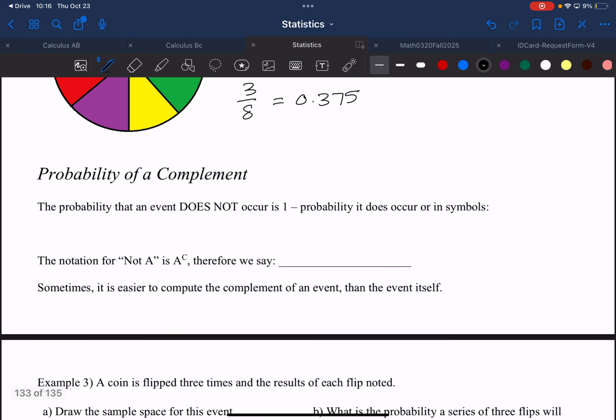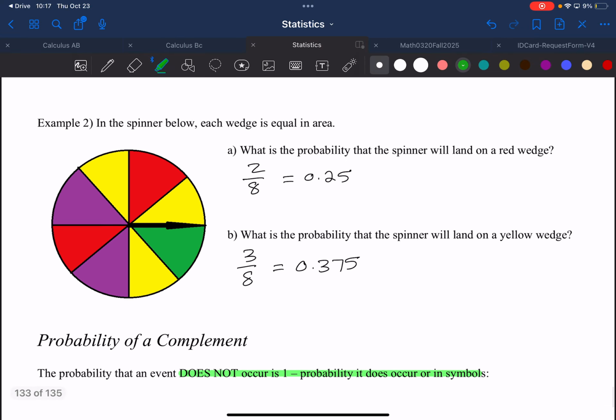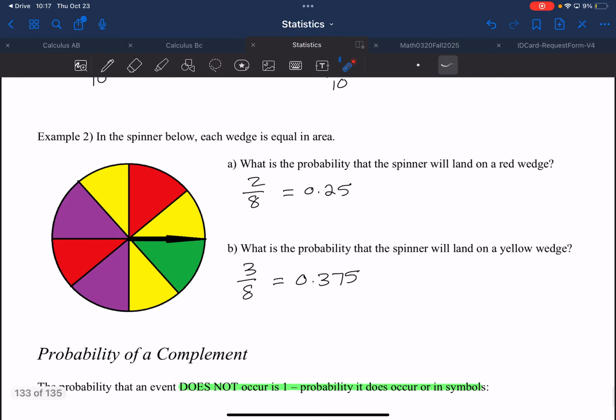Then we're going to talk about probability of a complement. The probability that an event does not occur is 1 minus the probability that it does occur. Okay? So if I look back up here at this one, the probability that we will land on red is 0.25. What would be the probability we don't land on red?